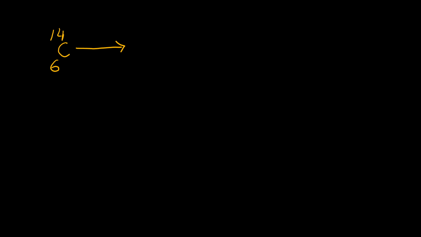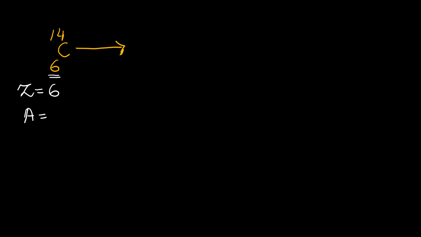Okay, since you know that the atomic number Z basically represents the number of protons or electrons, the atomic number of carbon will be 6, whereas the atomic mass is the number of protons plus neutrons.